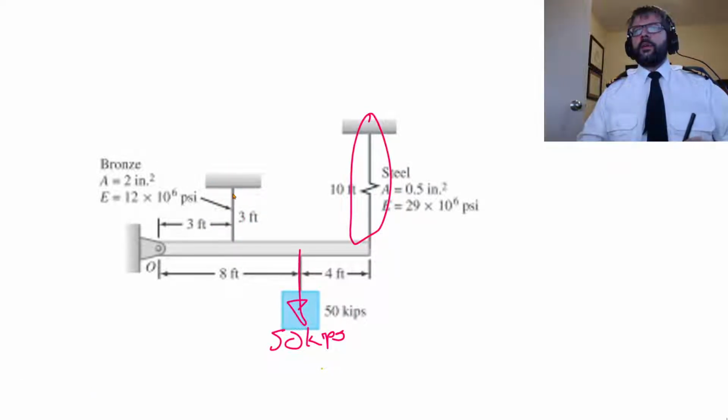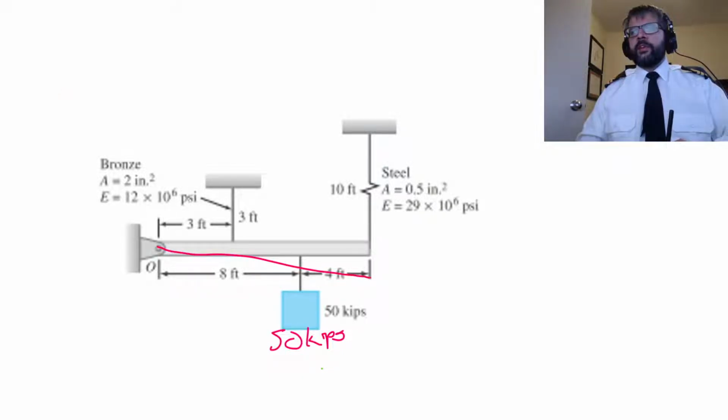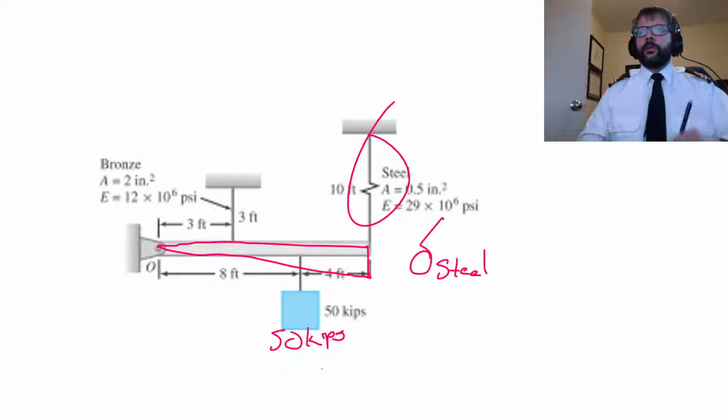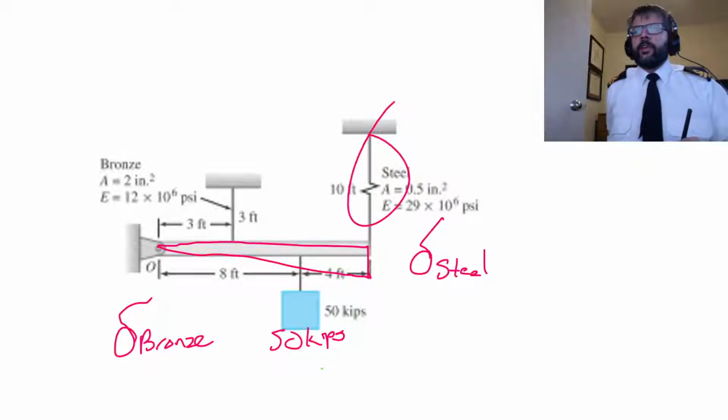So if this thing rotates to some small angle here, then the displacement in the steel, how much the steel is going to need to stretch to accommodate that, and the displacement in the bronze, those are just based upon similar triangles.